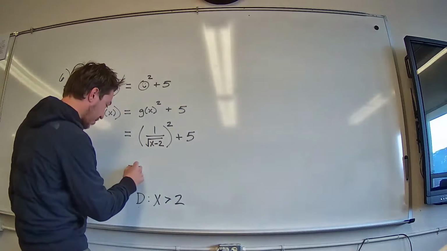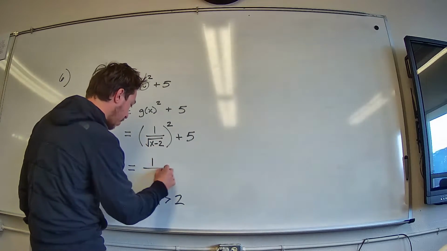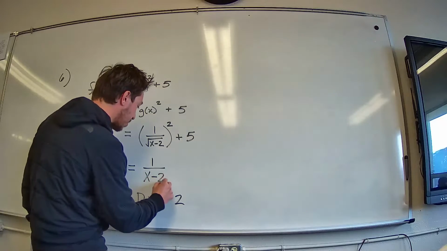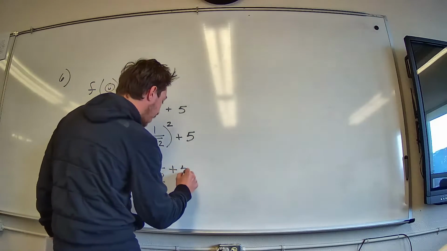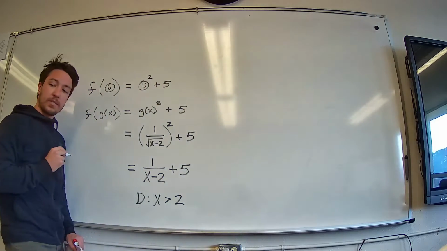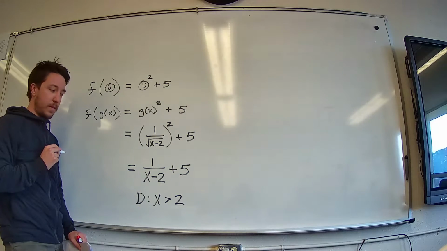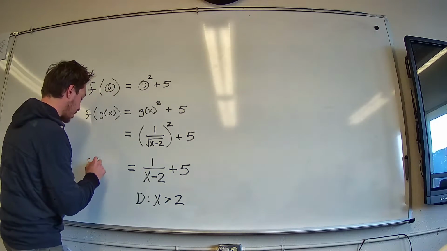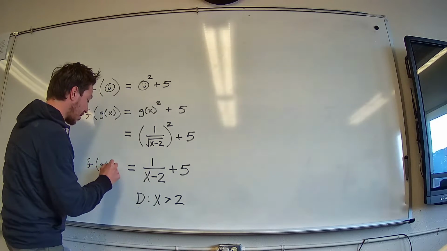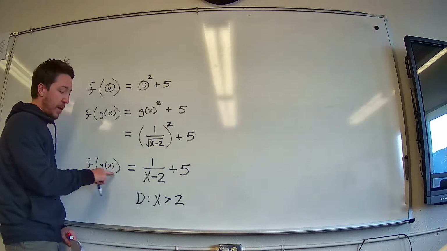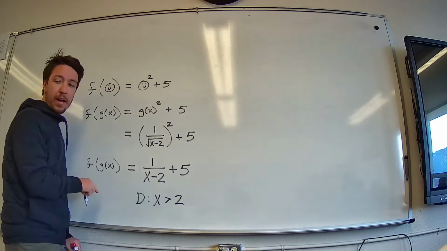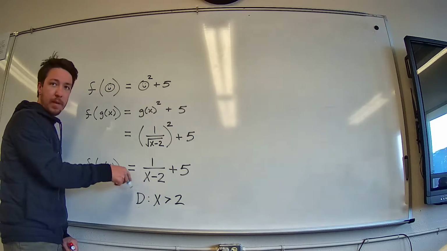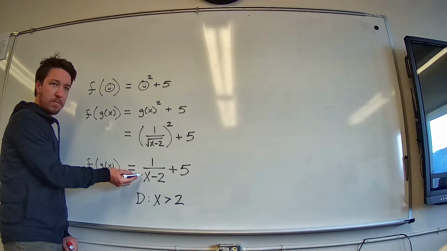However, when you simplify this, you get 1 over x minus 2, plus 5. There's a little bit of an issue here. You need to include the domain restriction, because if someone looked at this, if you told them f of g of x is 1 over x minus 2 plus 5, they would think that x can be, for example, can x be 0?